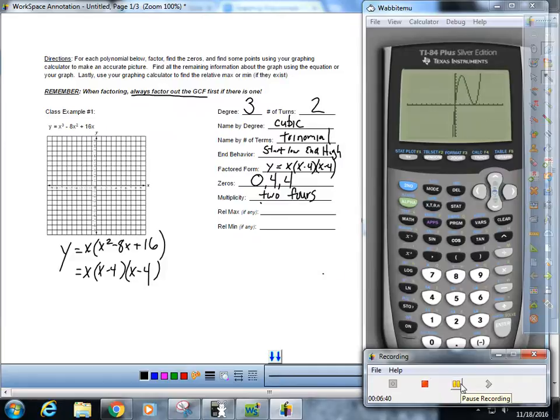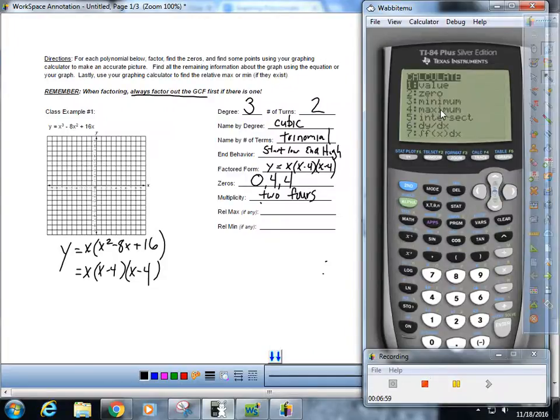So, I don't know if sometimes this helps on the video. You might be able to see it, but we'll copy it over, okay? Here's what we probably want to do to find this point right here. That's a relative maximum. So go to second, trace. Now we're going to hit maximum. Hit enter. Enter again.